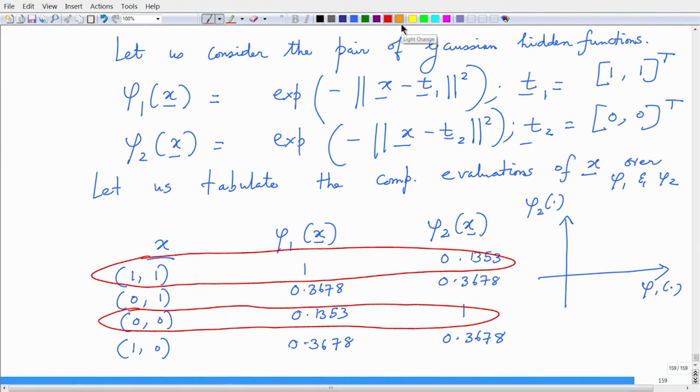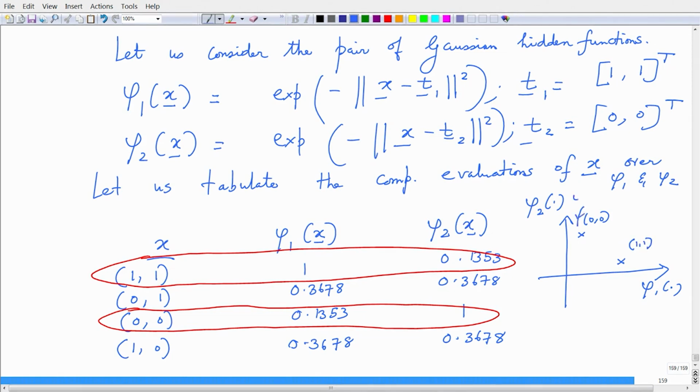You have 0.1353 and then a 1 here, the other is a 1 and a 0.1353, these 2 points are here. This is our original 0 comma 0 under the mapping, and this is our 1 comma 1 under the mapping.